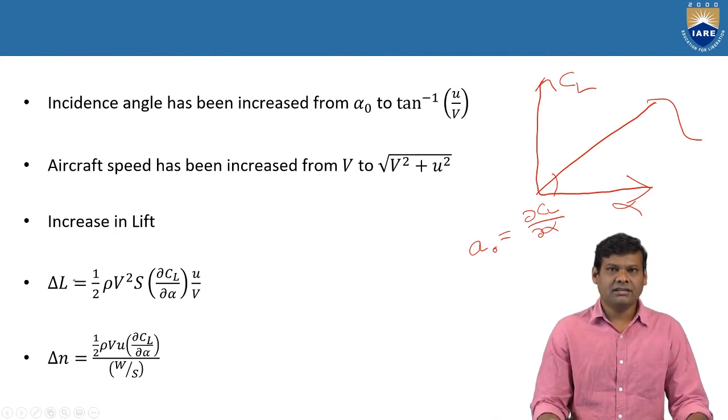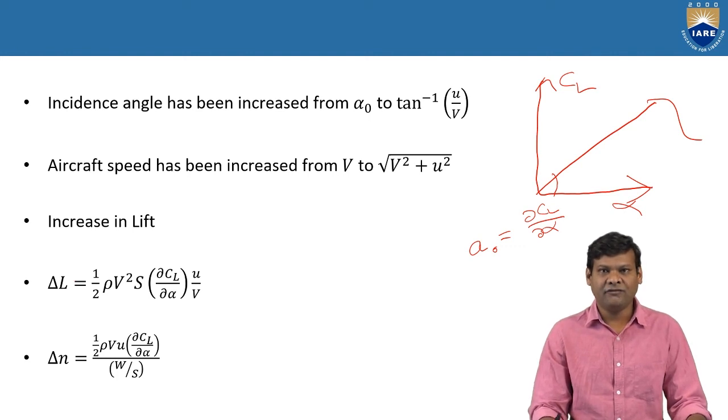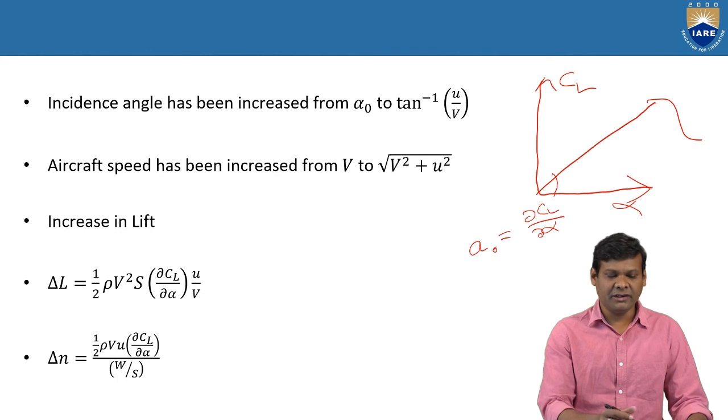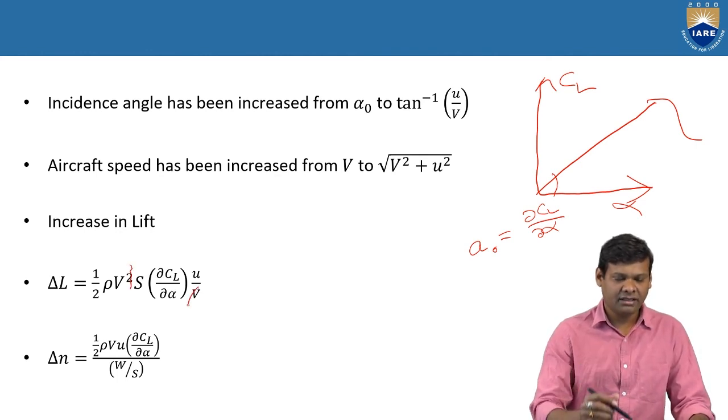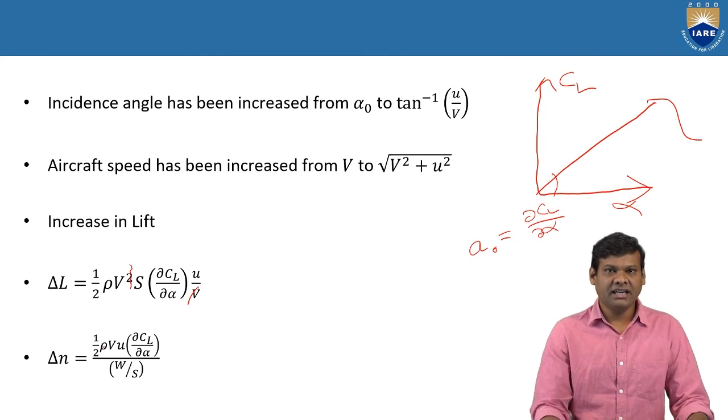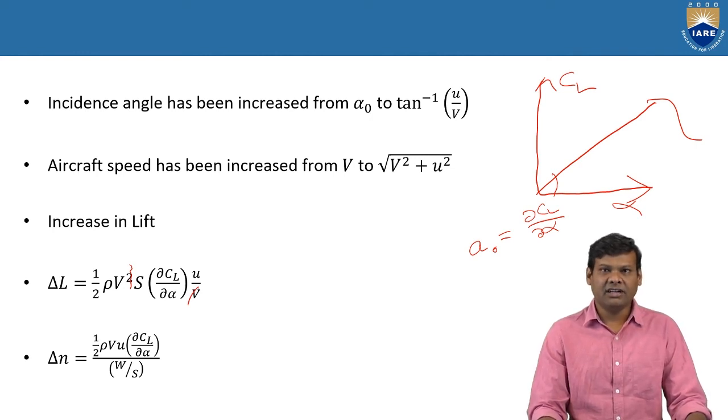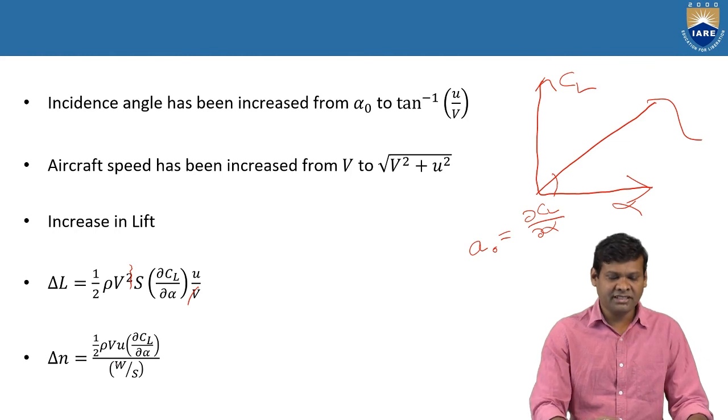And finally, what we can write is that the load factor is the lift by weight. The change in lift is given by the following formula, and here we can cancel this out. Finally, delta N is equal to 1 by 2 rho UV into dou CL by dou alpha divided by W by S. The term W by S is called the wing loading.